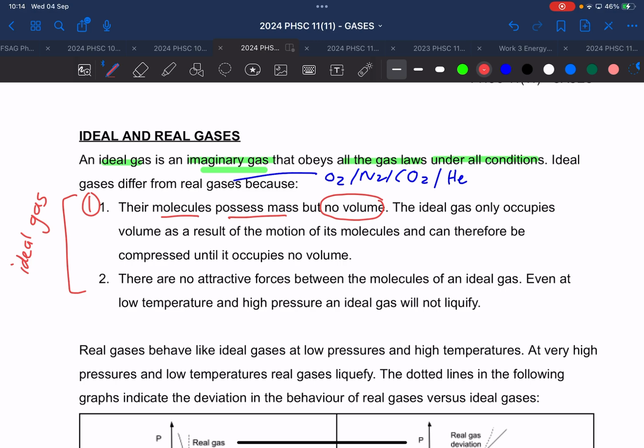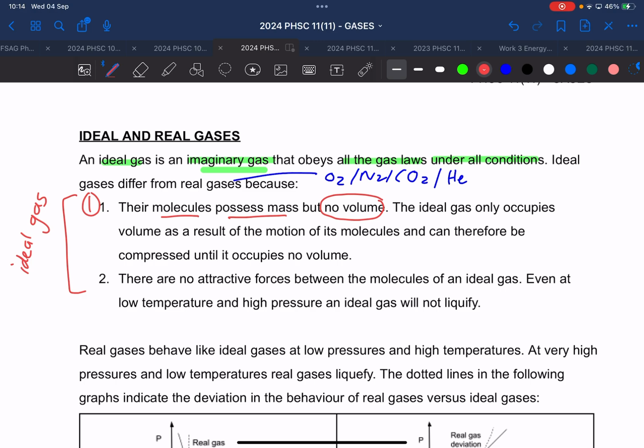If you read further, it says the ideal gas can only occupy volume as a result of its motion. Because the particles move around, they take up space, and can therefore be compressed until it occupies no volume. So if this was a perfect gas, then I can make this volume smaller and smaller until there's nothing. Is that possible?